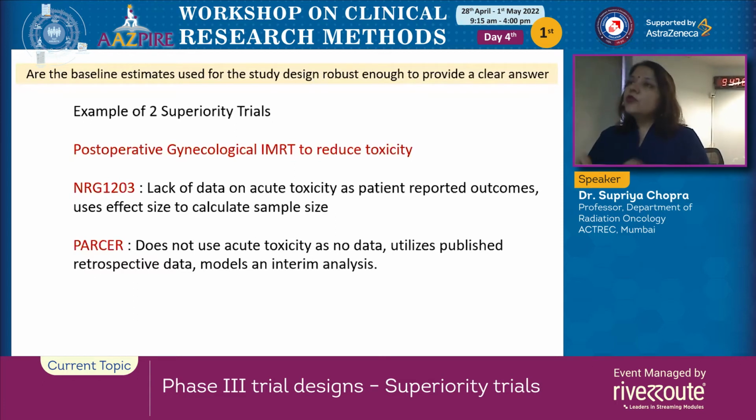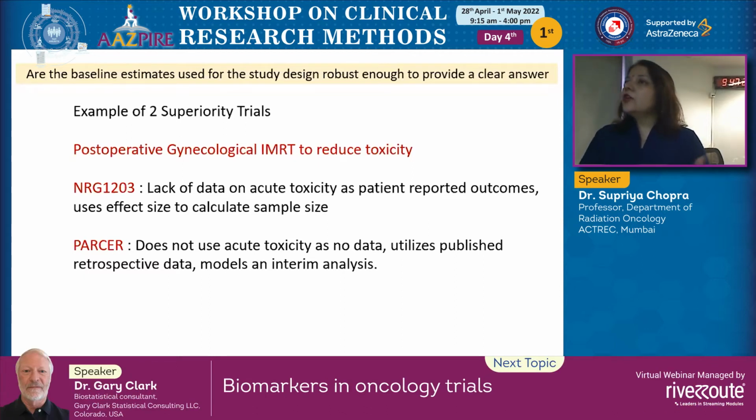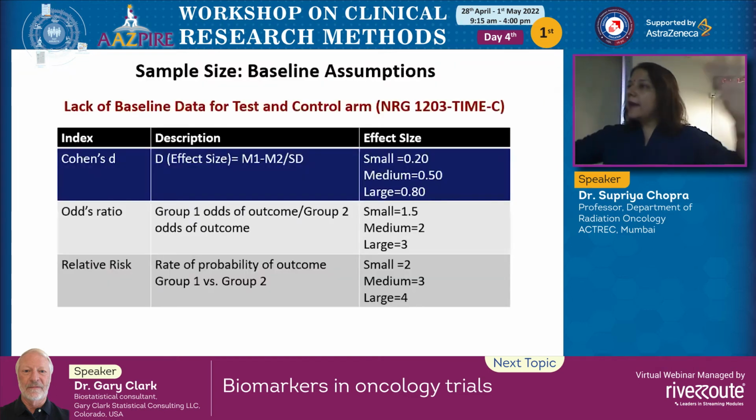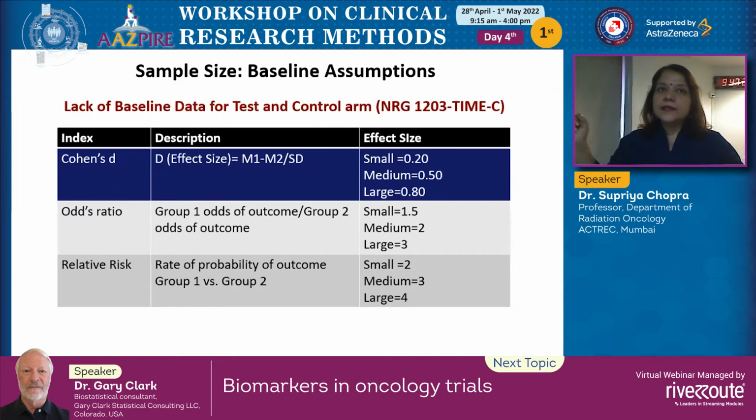So 2 trials were designed internationally, one by the NRG Group in the US and the second by our hospital. Both wanted to test if this intervention leads to less toxicity, but how much less? Neither we nor the NRG group knew. Both trial groups designed in parallel without any discussion.